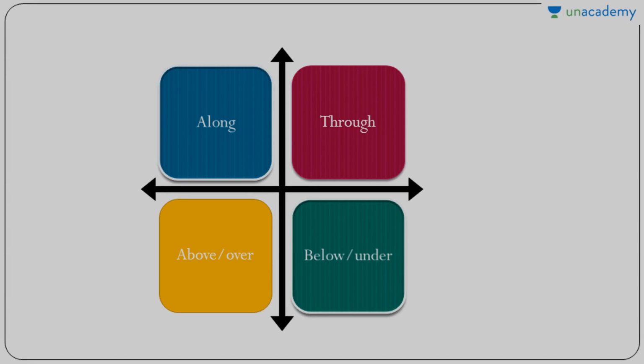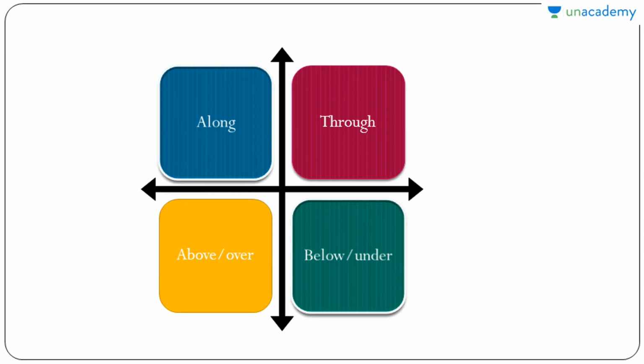So let's begin. These are the 4 prepositions that we are going to look at in this video: through, below or under, above or over, and along. As you will see, all these prepositions talk about various places.